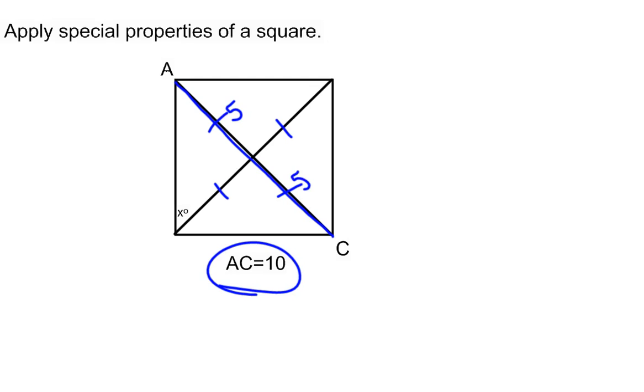That tells me that's 5, 5, 5, and 5, because that's a feature of a rectangle, and a square has every property of a rectangle.